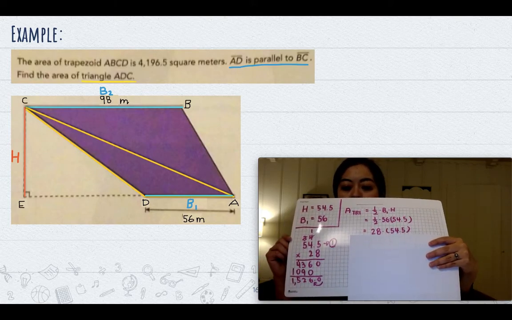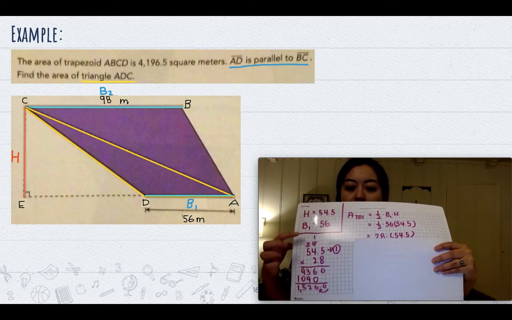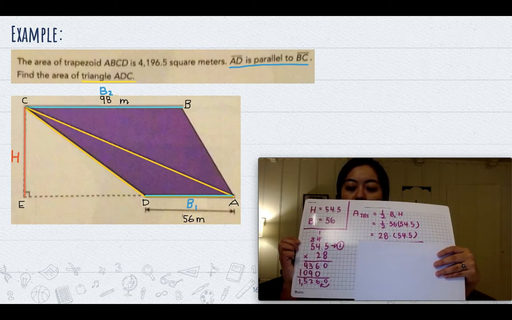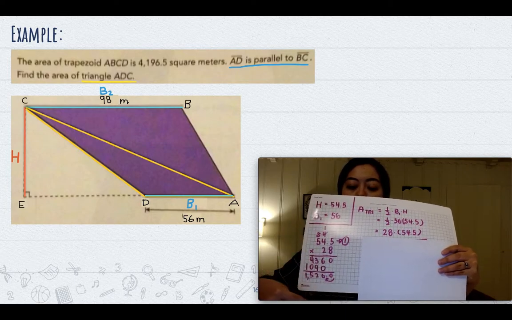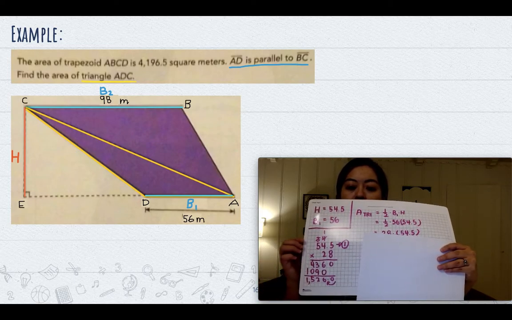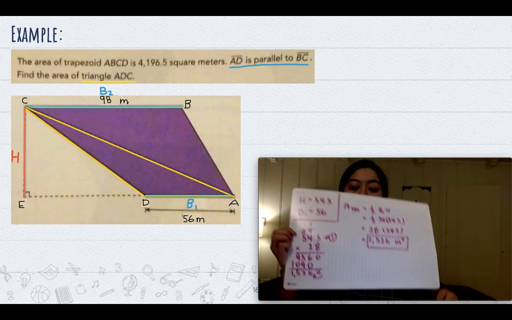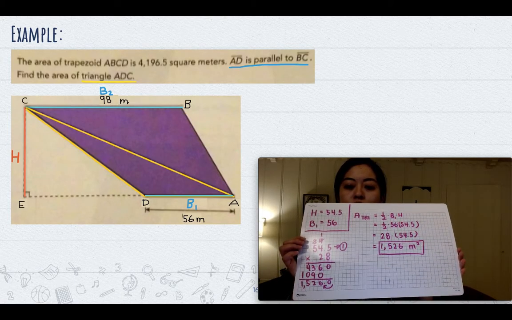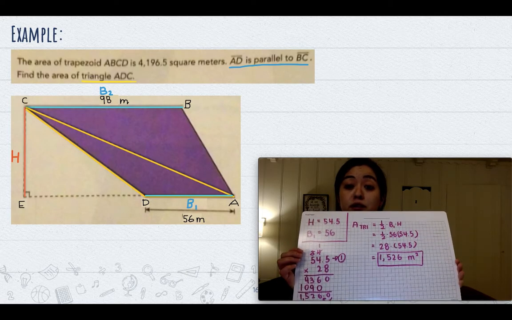And if you're curious to see how I did it by hand, 28 times 54.5, please take a look over here. You can pause the video, okay, to see if you understand how I got it. Okay, and the area of this triangle ADC is 1,526 square meters because we're talking about area.